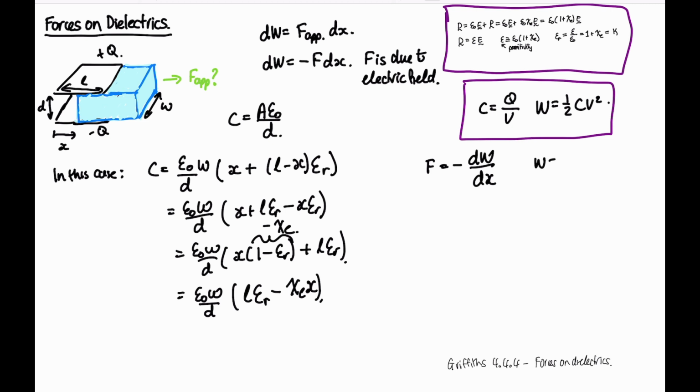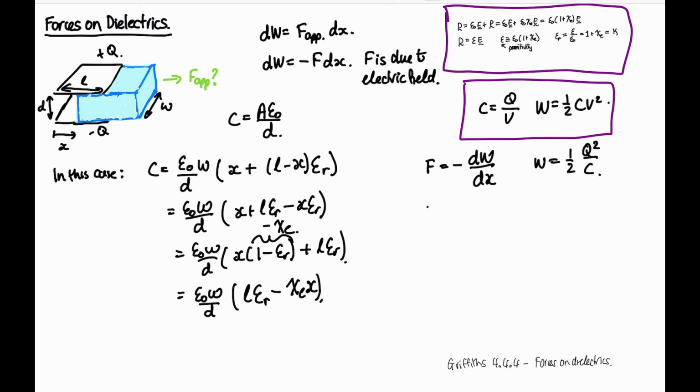So in this case, combining these two equations, because we've now got Q fixed and our capacitance is given by this expression here, we're replacing this V squared here with Q squared on C squared. So we can say that this is equal to a half Q squared on C. Okay, so that's our expression for work.